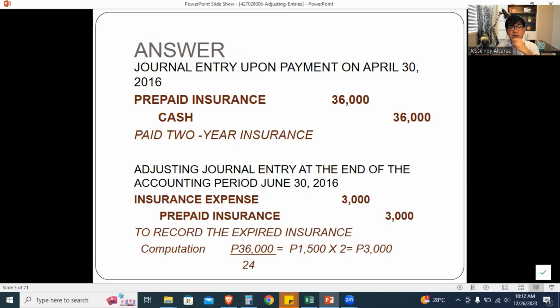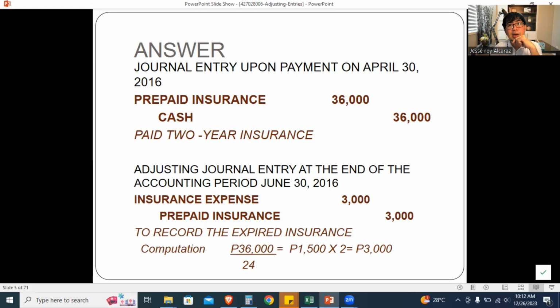As for the adjusting entry, ano siya? Debit insurance expense because with regards to insurances, ang time nga mulabay is equivalent to the expiration of that portion. Therefore, sa 2 months nga nilabay na, ay 3,000 pesos worth of insurance that we have to record.